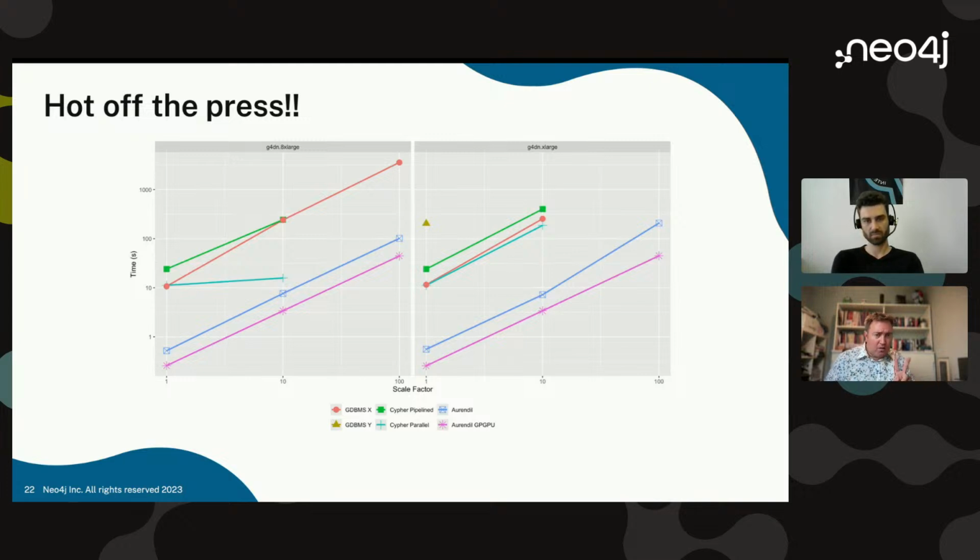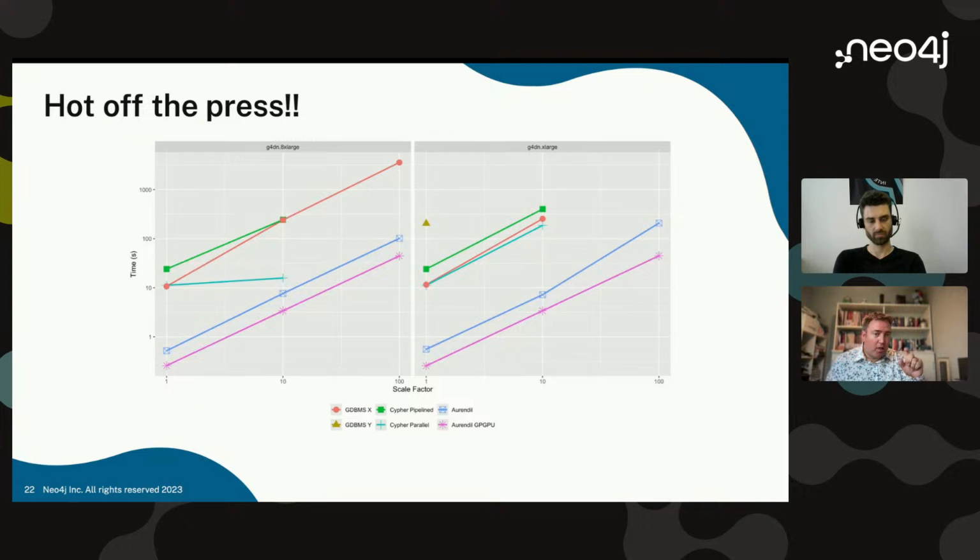But at the bottom, what you can see in the blue and purple lines is Aurendil. There are two lines, and they're both quite exciting. The top line is a single thread of Aurendil, a single-threaded approach. What we're saying here is that using our new streaming engine and our optimizations, we're able to move away from the pack in terms of where current graph database technology is, and produce a more scalable solution by quite a significant margin.